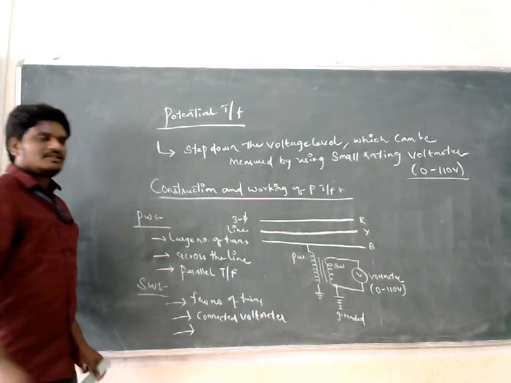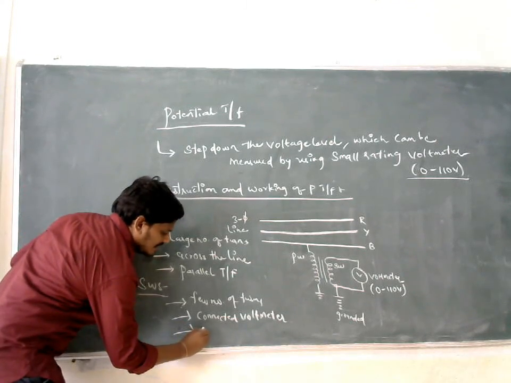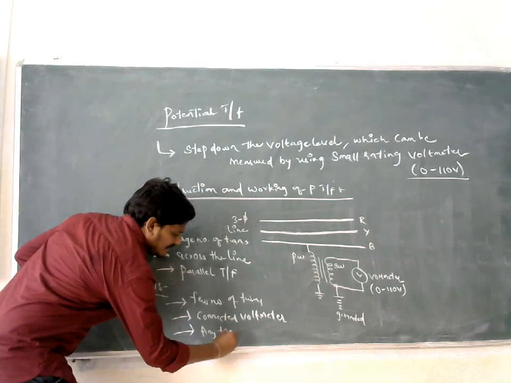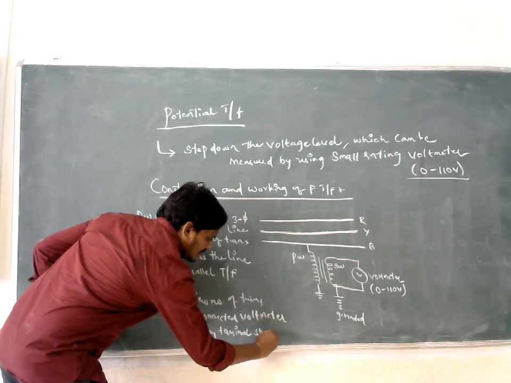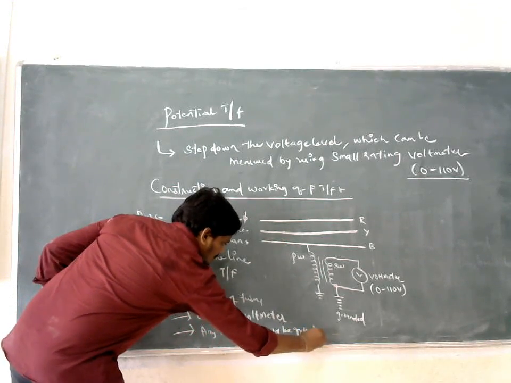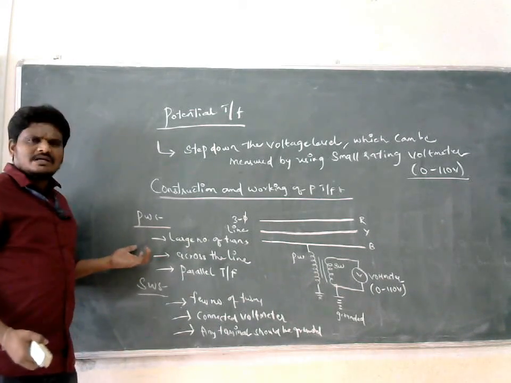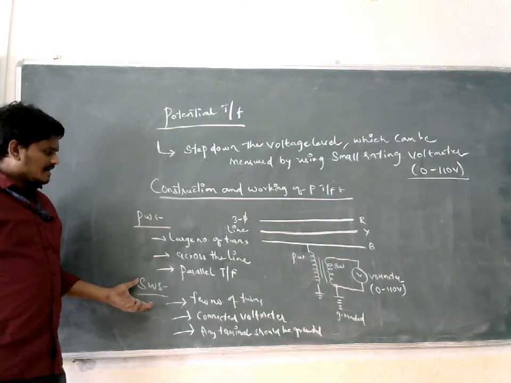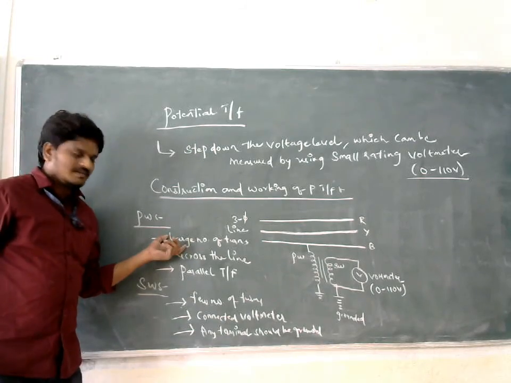Coming to the next point regarding the secondary winding, any one of the secondary winding terminals should be grounded. These are the basic important points regarding the primary winding and secondary winding, where the secondary winding has a few turns and the primary winding has a large number of turns.